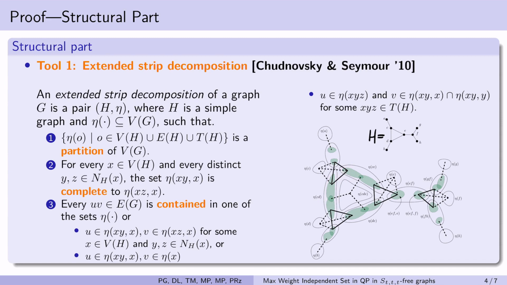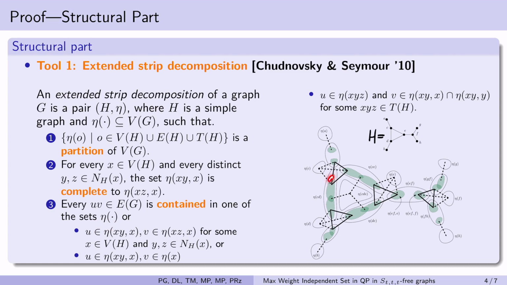And the third condition is also about edges of G, and it says that edges of G can only be in some specific places. Edges of G can be in those cases where they actually have to be, in those two adjacent edges close to one vertex, and the other options are that they are inside some elements of eta.